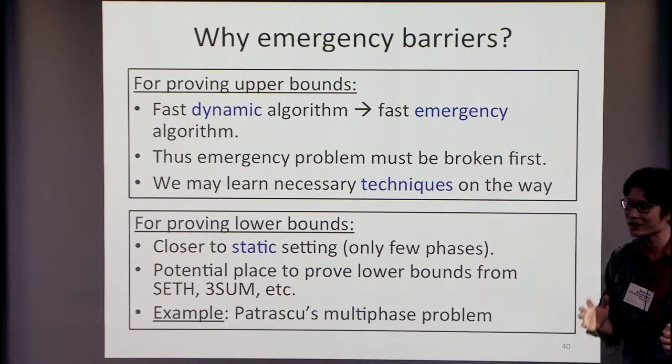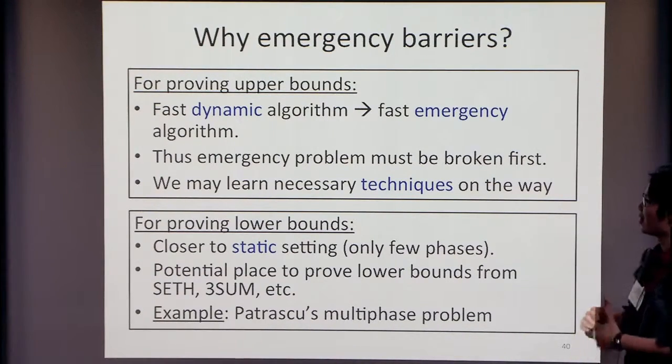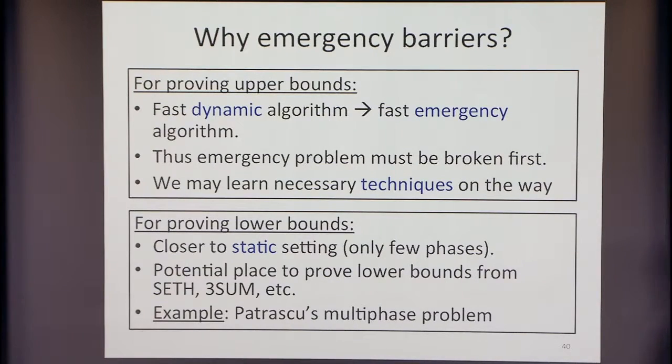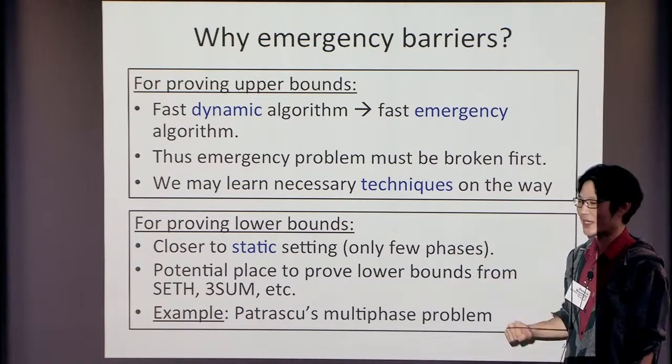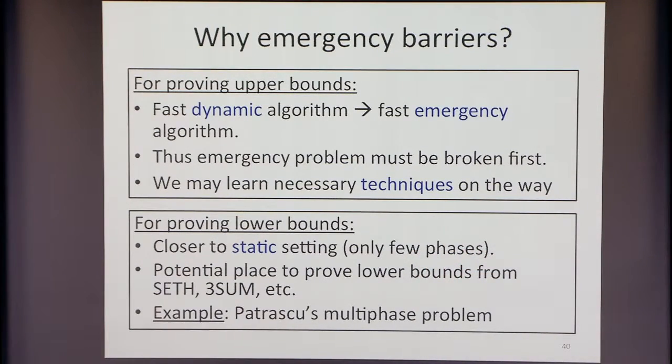So the emergency problem is kind of a problem that you have to break first before you can really break the dynamic problem. And along the way, maybe you will learn some new techniques that you can use to really break the big boss. From the lower bound perspective, the emergency setting is just three phases. It's closer to the static setting.